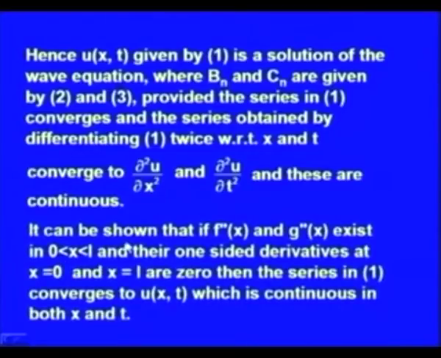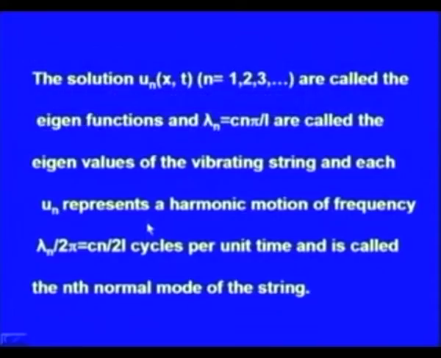Now, it can be shown that if f''(x) and g''(x) exist in the interval 0 to L and their one sided derivatives at x equal to 0 and x equal to L are 0, then the series in 1 converges to u(x,t), which is continuous in both x and t.